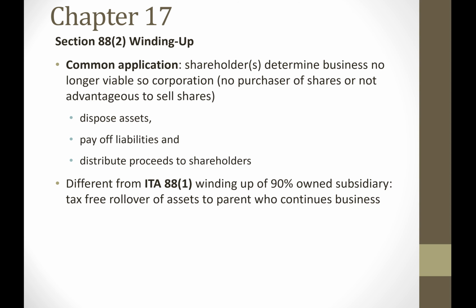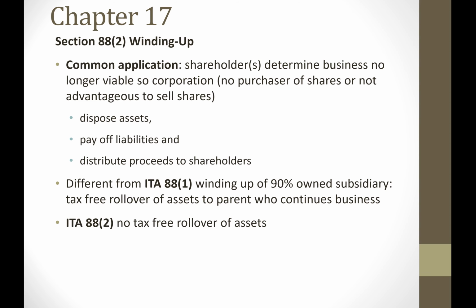Now, even though they both fall under Section 88, an 88.1 and an 88.2 are completely different. An 88.2, what we're going to focus on, is when the business is going to wind up, cease operations, liquidate, and there will no longer be a corporation that exists. An 88.1, the parent company will usually carry on the business. So completely different results.